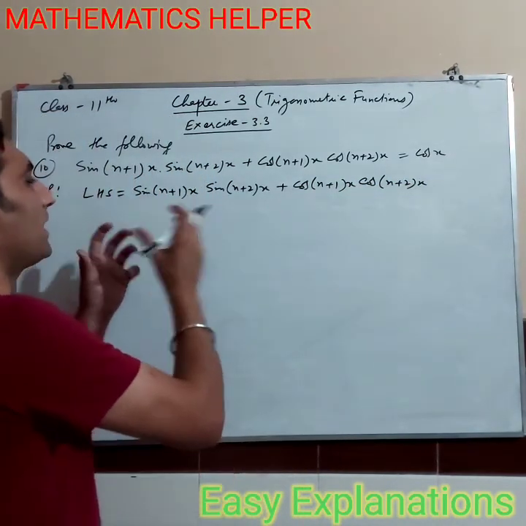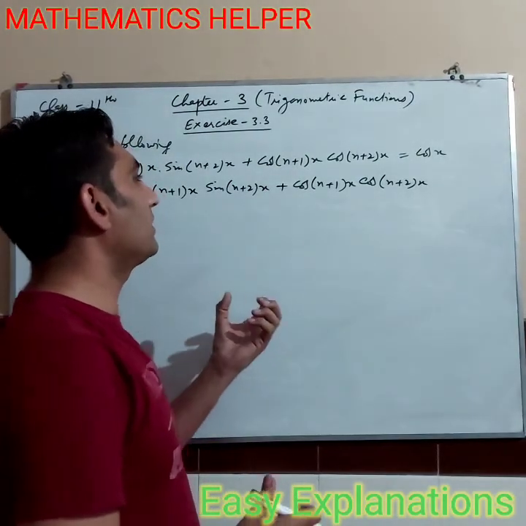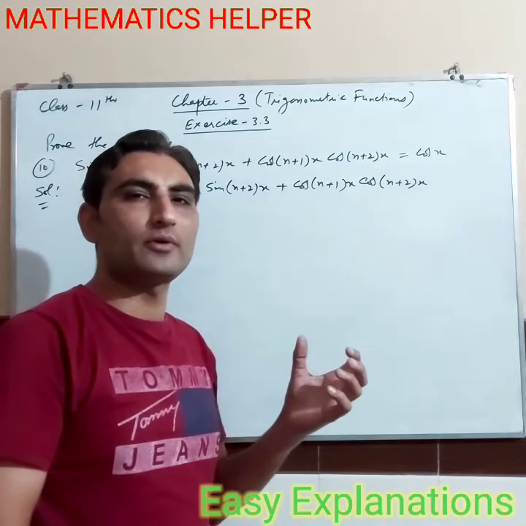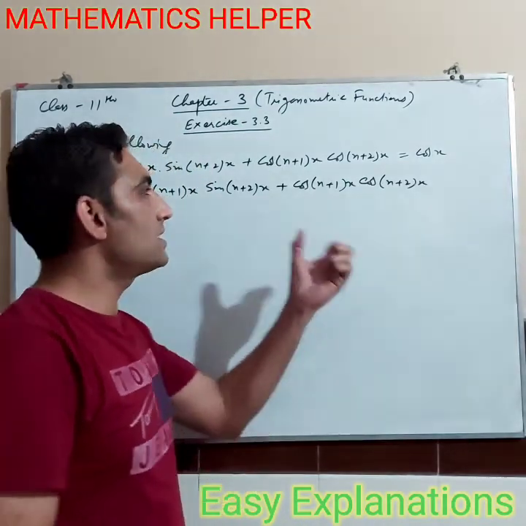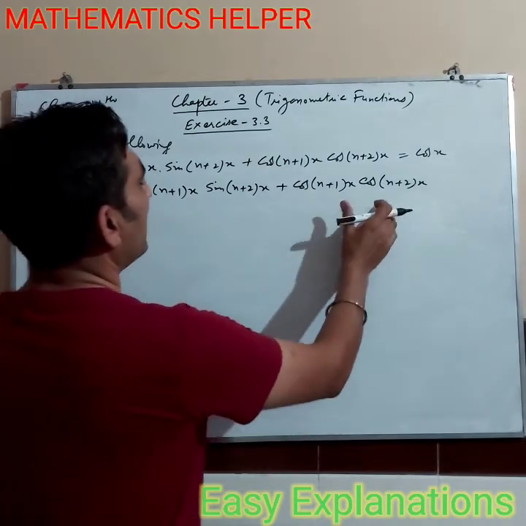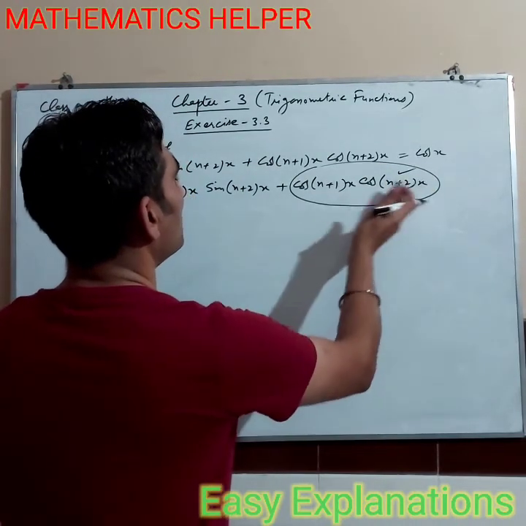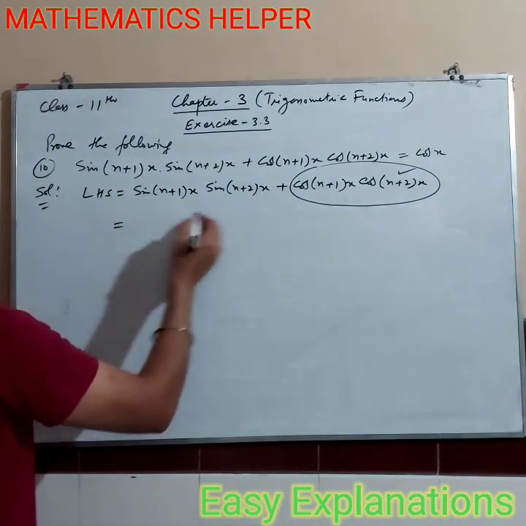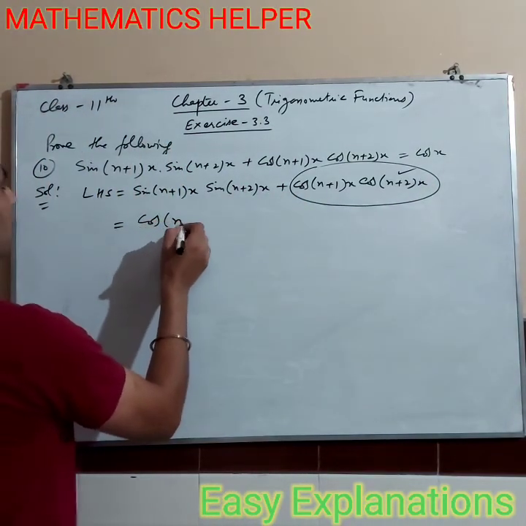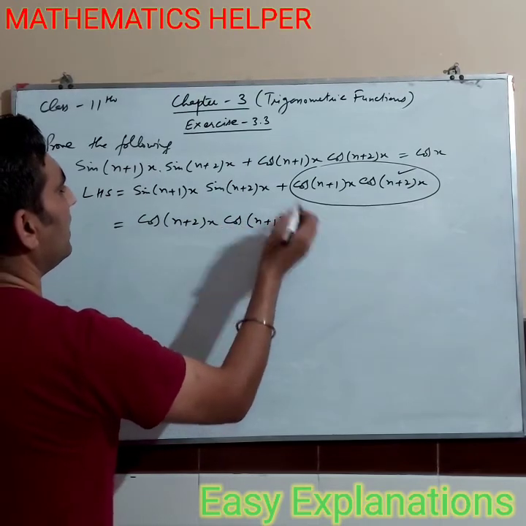Students, it is not like a formula. The very first thing you have to do is change its way of writing so that it will be the same as the formula for cos. See how? We will mark it in some other order. I will write this whole at first place by changing their order. I will write cos(n plus 2)x cos(n plus 1)x.